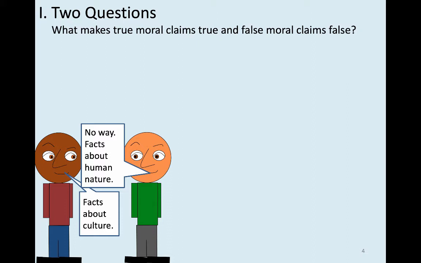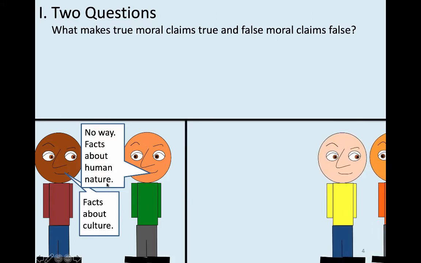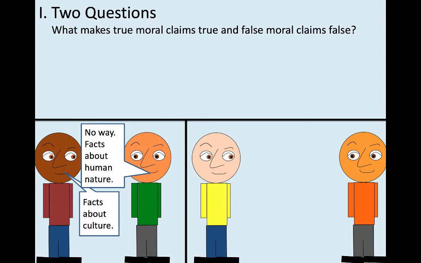And this person over here disagrees and says, no way, it's facts about human nature. So one person says culture is the source of morality, another says human nature is the source of morality. And you might provide other answers too, like God is the source of morality. Or you might say morality is irreducible. There is no source; it's a basic part of the fabric of the universe. All of those answers, facts about culture, human nature, God, and so on, are attempts to say, here's where morality comes from. Here's the ultimate source of morality.